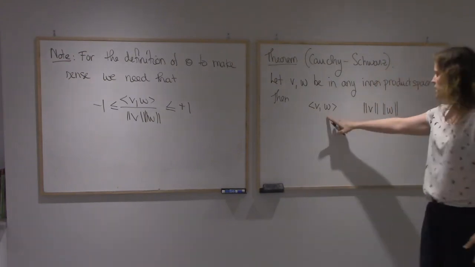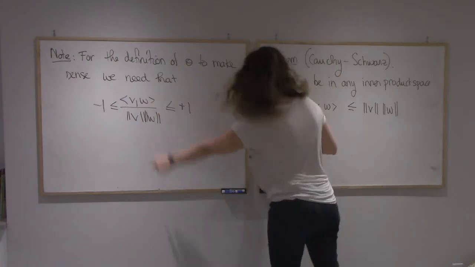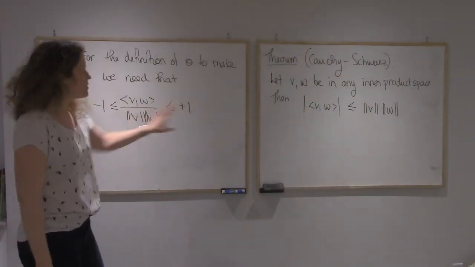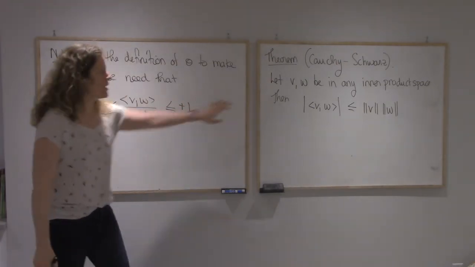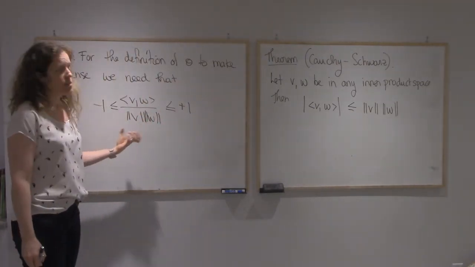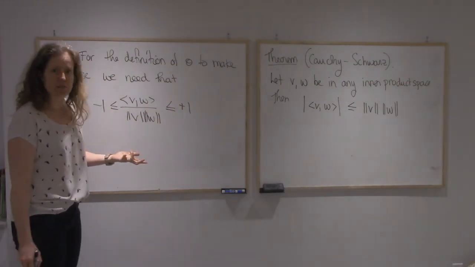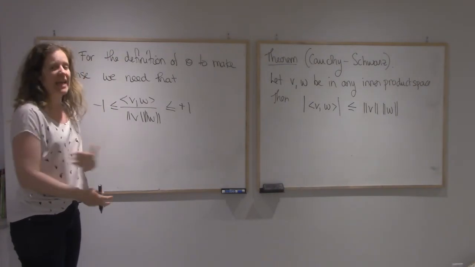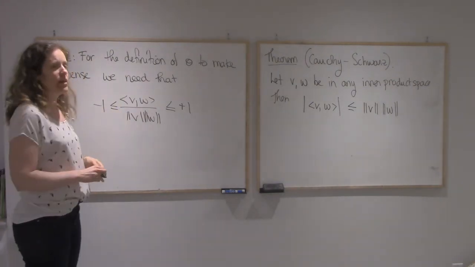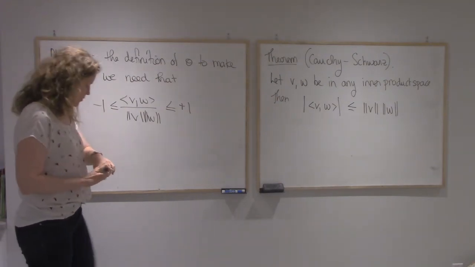I want to say that this is less than this, but it also needs to be bigger than minus this, so I'm going to put an absolute value. So this and this are actually equivalent. That's how Cauchy Schwarz is stated, but it actually means this. If we could prove that, we would know that our angle will always be defined, whichever two vectors we take in any inner product space. All right, so let's prove this.